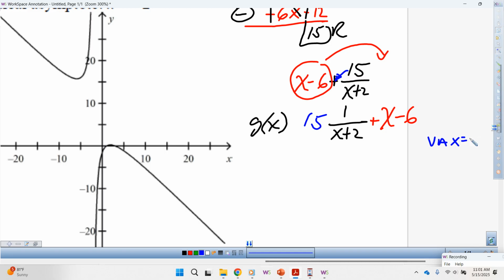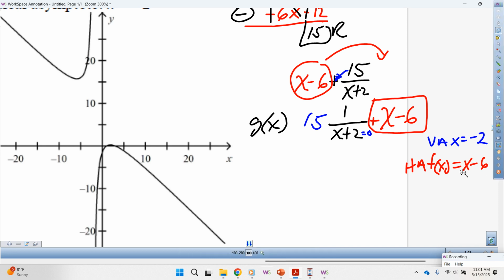Negative 2. Yeah, because we set the denominator equal to 0 and we solve. Yes, negative 2. Our HA, or f of x, is whatever is at the end. Before it was just one number, now we have x minus 6.